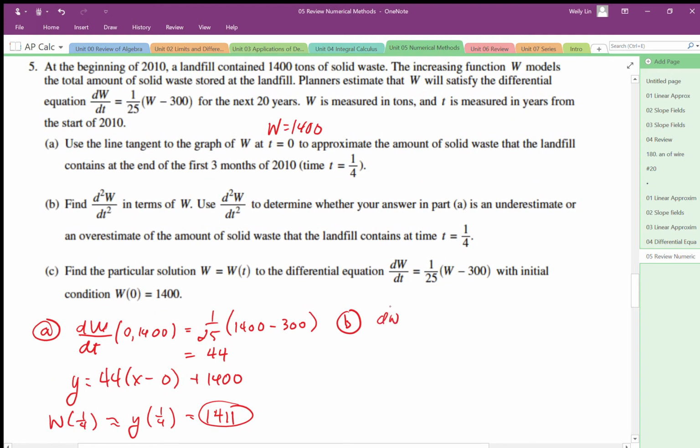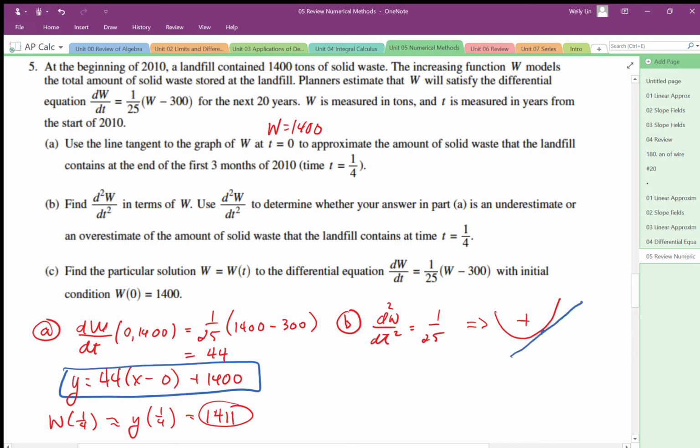So the second derivative is going to be equal to 1 over 25. So that's going to be the second derivative, which means then that it's always positive, which is concave up. Well, if it's always concave up, then our linear approximation, so this line here, this tangent line approximation, is always below.